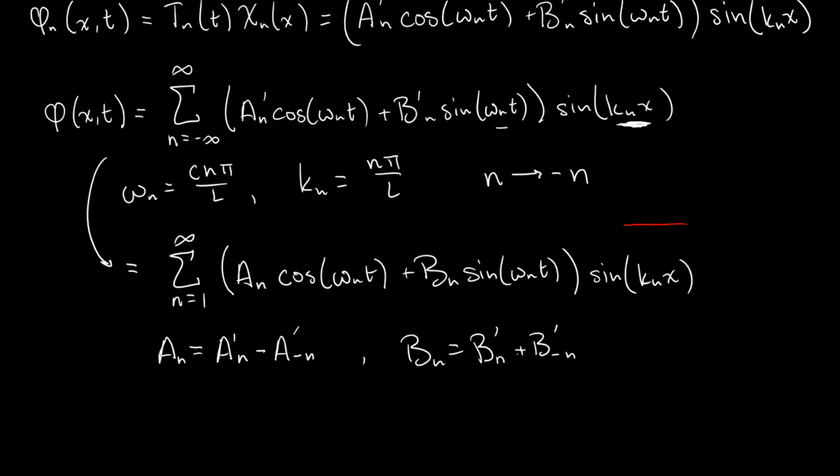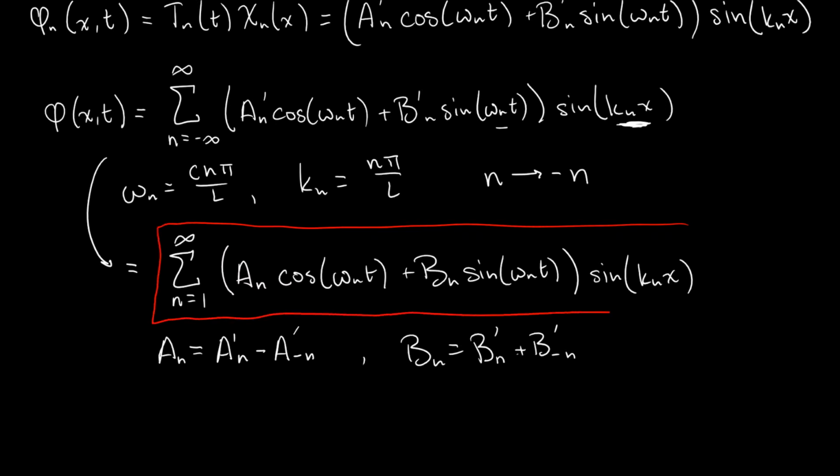So this here is essentially every solution to the wave equation with two fixed endpoints. It's every single one. I just have to find a sub n and b sub n for whatever boundary conditions, and I've solved it.